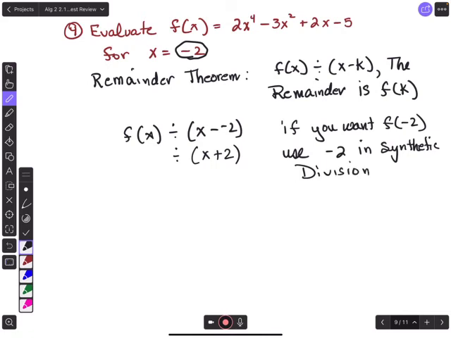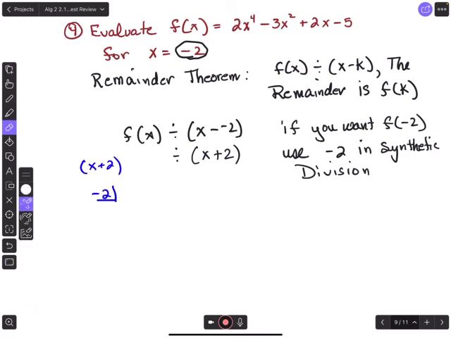You want the f of 5, use 5. You want the f of 20, use 20. You want the f of negative 50, use negative 50. I want the f of negative 2, use a negative 2. It means you're dividing by x plus 2, remember, because we always use the opposite sign when we do synthetic.